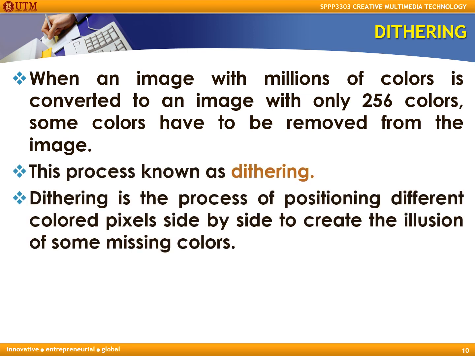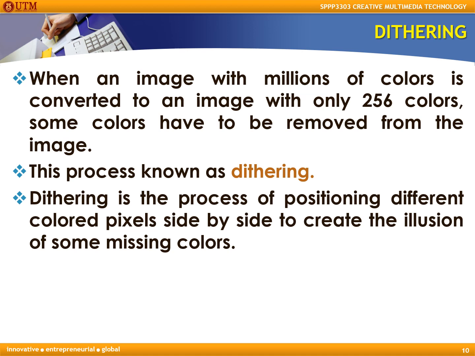This process is known as dithering. It's a process of converting a very high quality image to lower quality. So an image with millions of colors, we convert it to 256 colors.